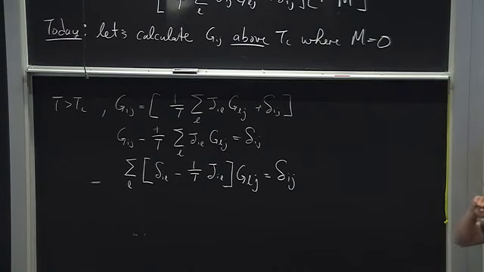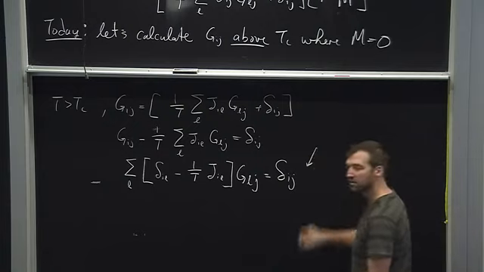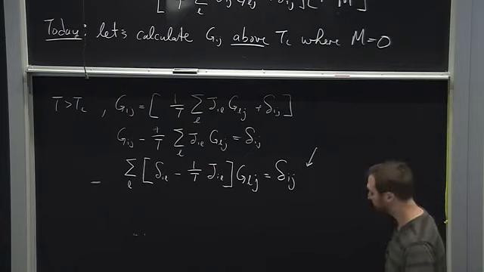So this is the equation we have to solve, in this case when the magnetization is 0. And so we're going to do this using Fourier space.